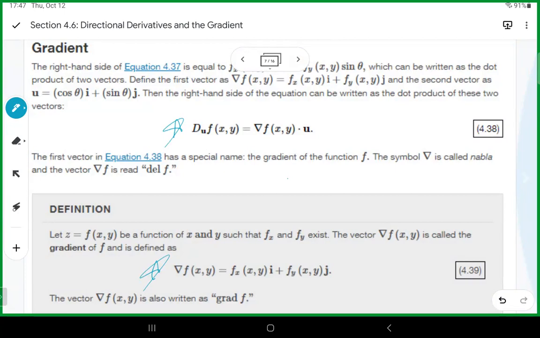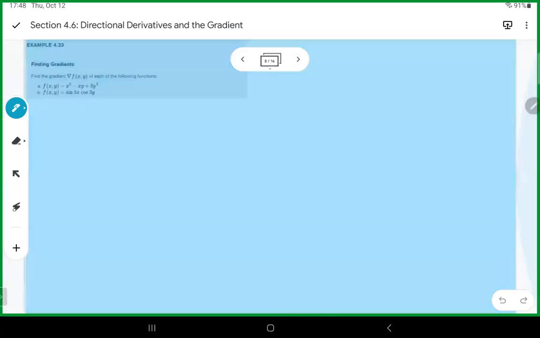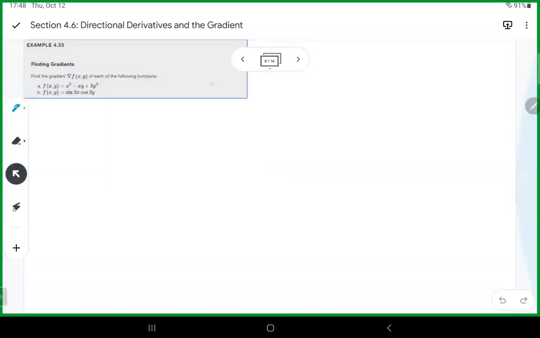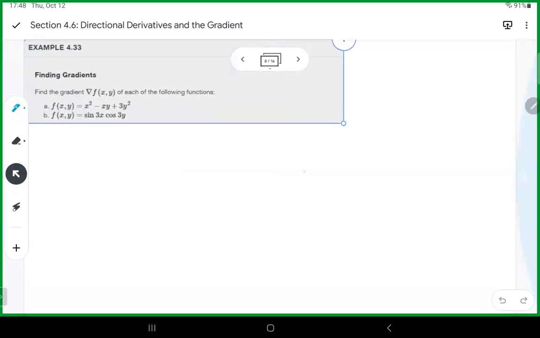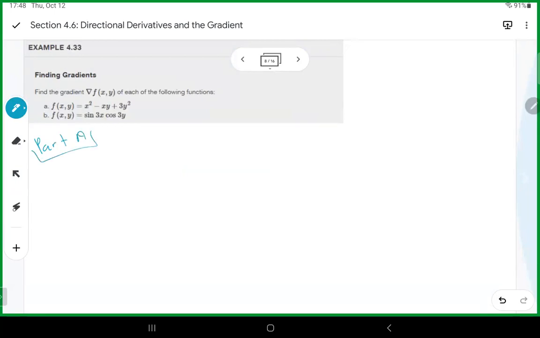For the next example, we are going to focus on equation 4.39. Right, so first we want partials.